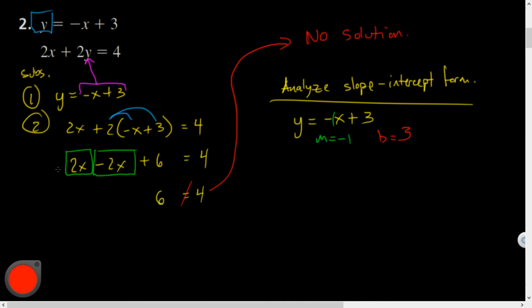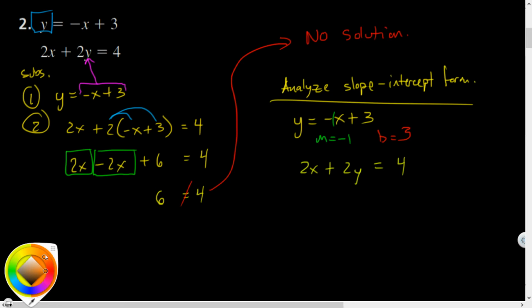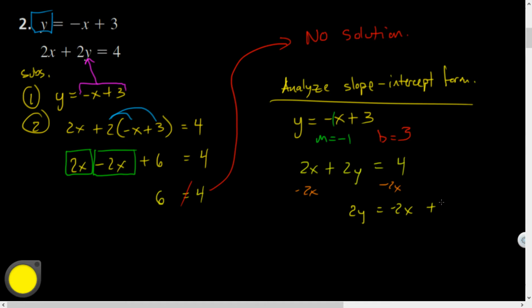And could I write the other equation in slope-intercept form? 2x plus 2y is equal to 4. And this is when I would do what Austin was describing earlier, subtracting 2x from both sides to get 2y equals negative 2x plus 4.